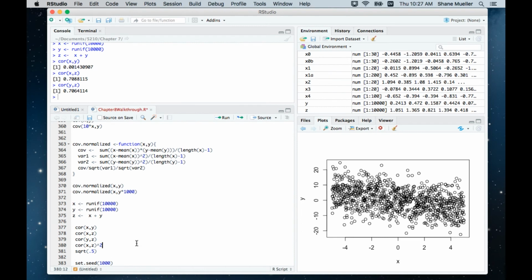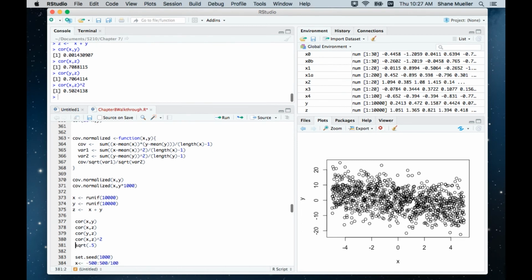If you square the correlation, you get a value that we often call r squared. It's the correlation squared, and you can see it's 0.502, which is really close to 0.5. Half of the variability of z comes from x and half comes from y, and the correlation squared is about 0.5.